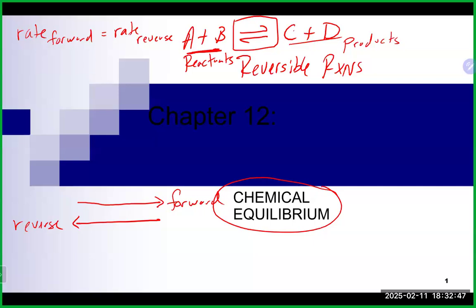So if you reach chemical equilibrium with a bunch of gases, the pressures will stay the same, because you're not making more or less of either of those. Whatever amount of gas you have causing that pressure, you have the same amount, so the pressure won't change.